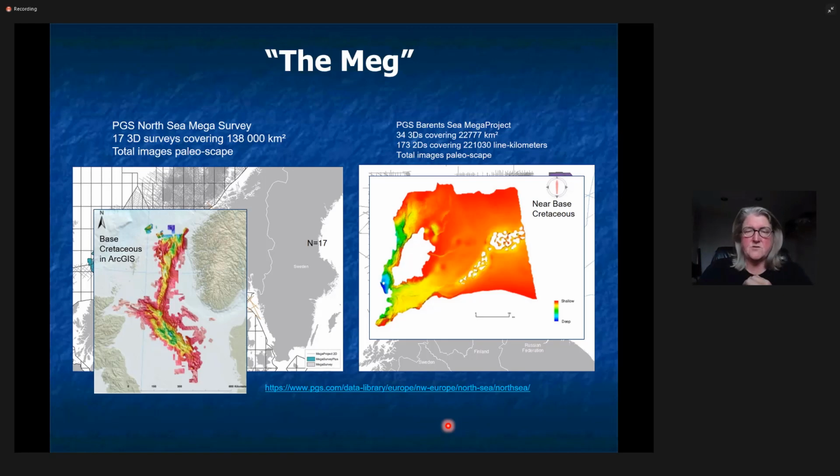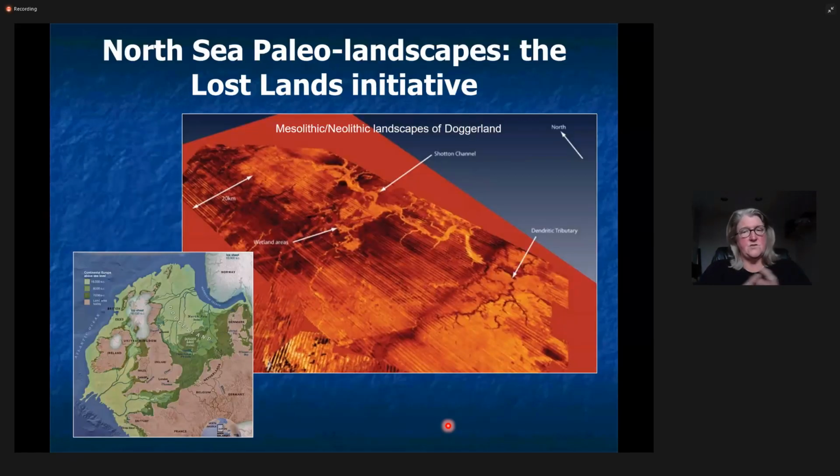The other thing that these surveys have allowed us to do, there's been a collaboration between academia, the archaeologists, and industry. And so this has resulted in a North Sea landscape mapping project called the Lost Lands Initiative.